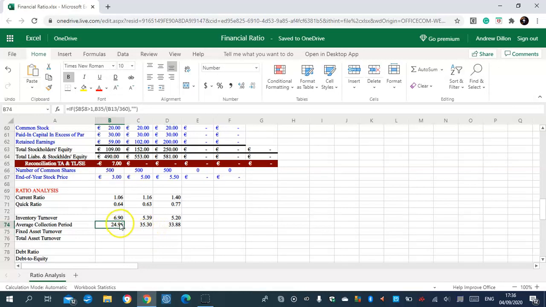That's very good. 24.96, 35 and 30 cents, and 33.88 for the average collection period. Right, so now we'll calculate the fixed asset turnover.